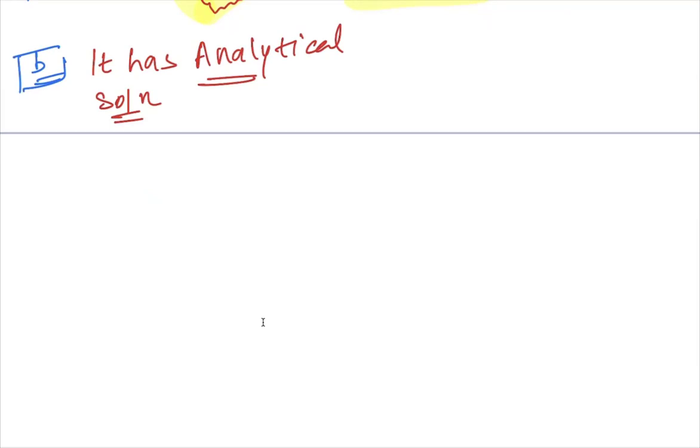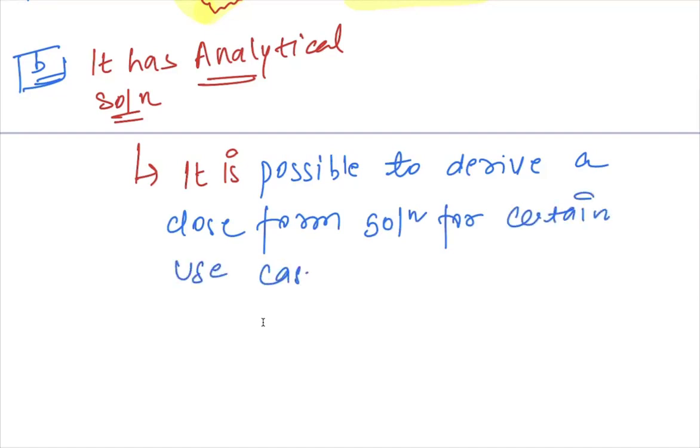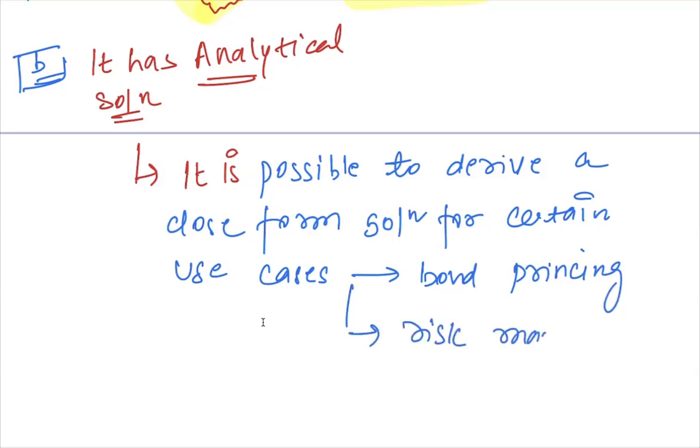So, what does it mean by analytical solution? Analytical solution basically means that it is possible to derive a closed form solution for certain problems, or you can say for certain use cases such as bond pricing, or it can also be used for risk management purposes.